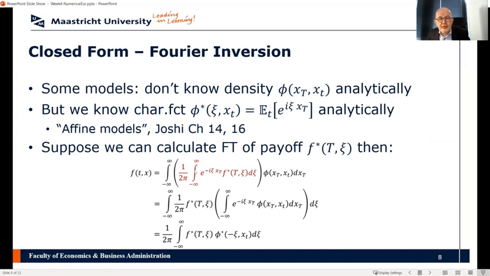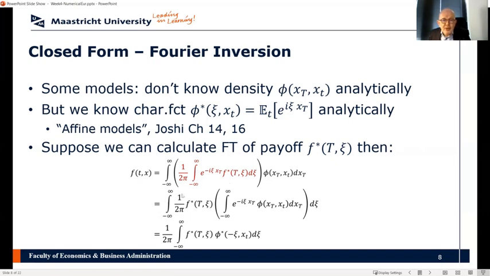I now have a double integral. And now the trick that I can do is I can interchange the order of integration. So here in the outer integral, I am integrating over x capital T, and in the inner integral, I'm integrating over xi. If I switch the order of integration, then in the outer integral, I'm now integrating over xi, and I'm bringing the integration over x capital T to the inner integral.